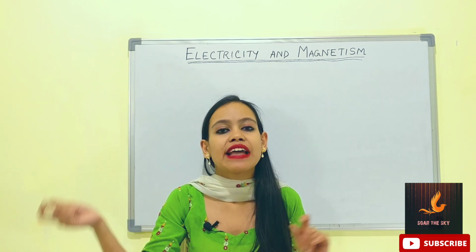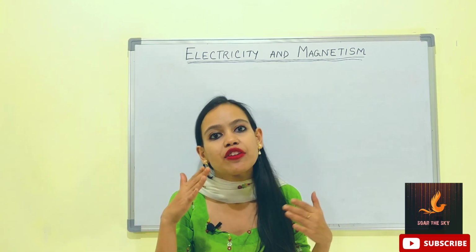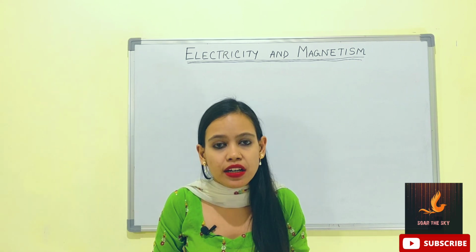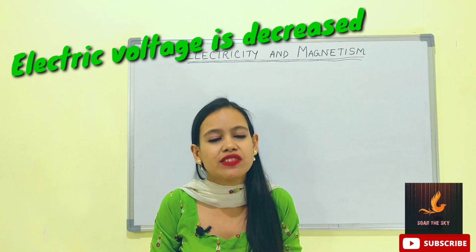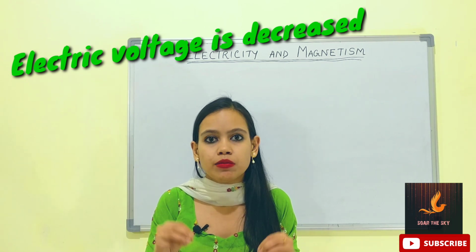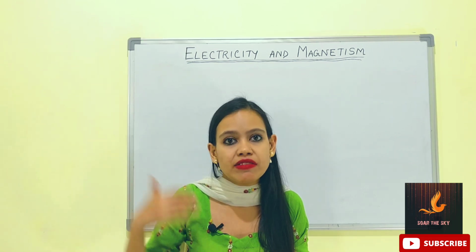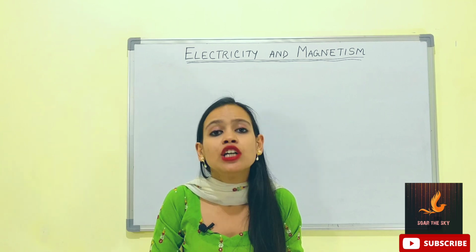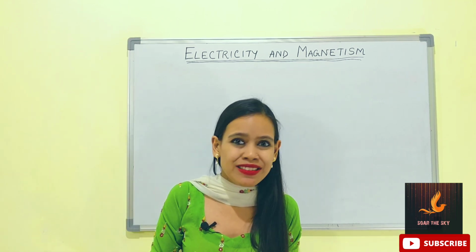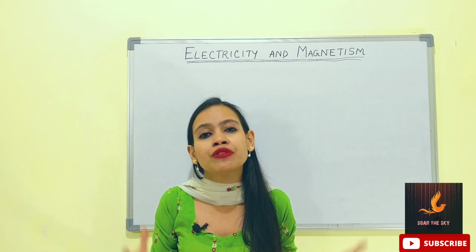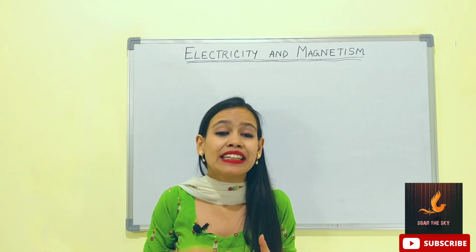The wires carry the electric current to the electric poles, and there the voltage is decreased because the voltage carried from the power station is too high to be consumed at our homes. Our appliances are not strong enough to take that high voltage.